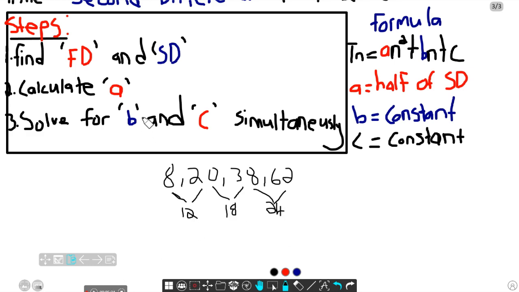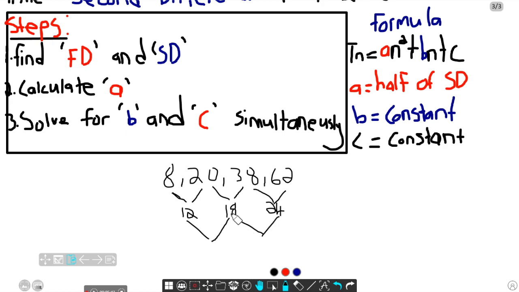And then now we need to find our second difference. Now note, on a second difference, this is what we're going to do. We're no longer going to minus the original terms, but now we minus the terms of the first difference, right?